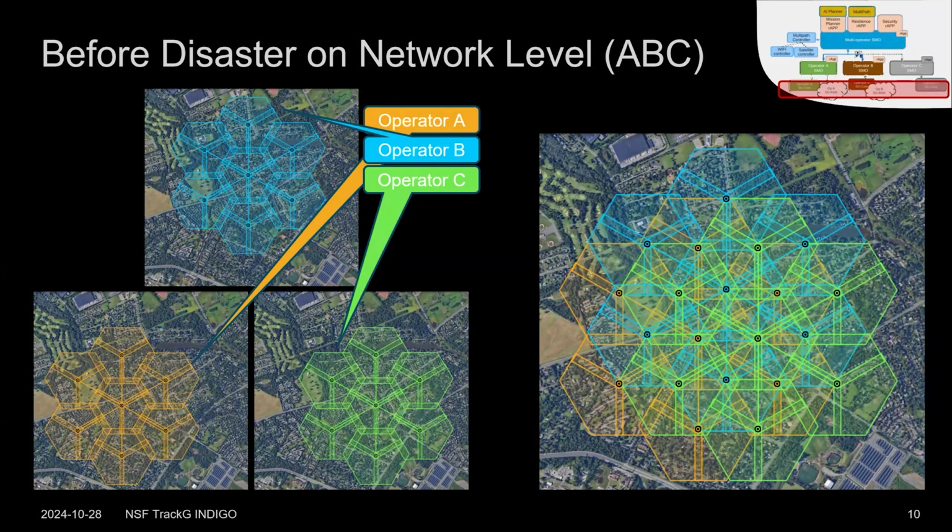You see the combination of all 3 areas and their coverage on a map on the right side. In the upper right corner, you always see an image of the architecture with the current position highlighted. So we are down in the network, showing the coverage of a certain area before any disaster happens. Next slide, please.